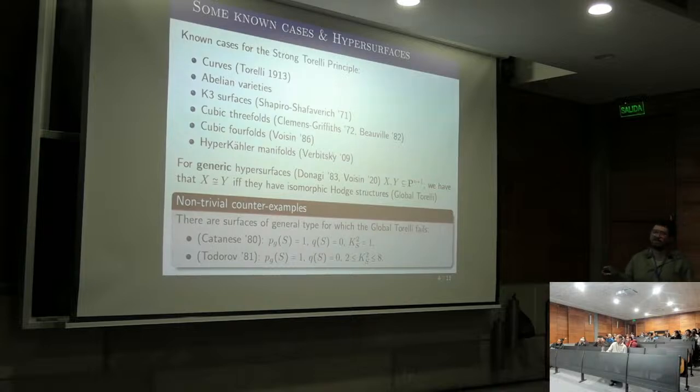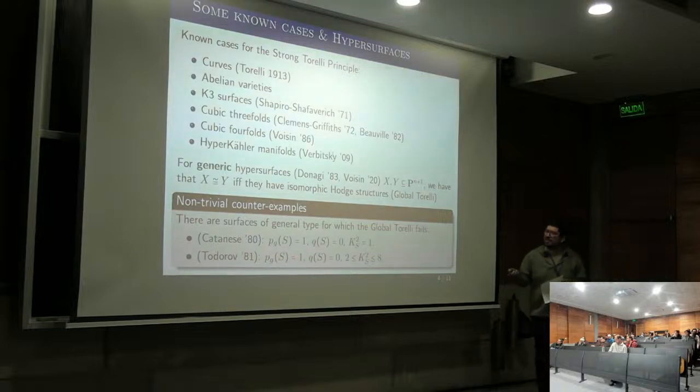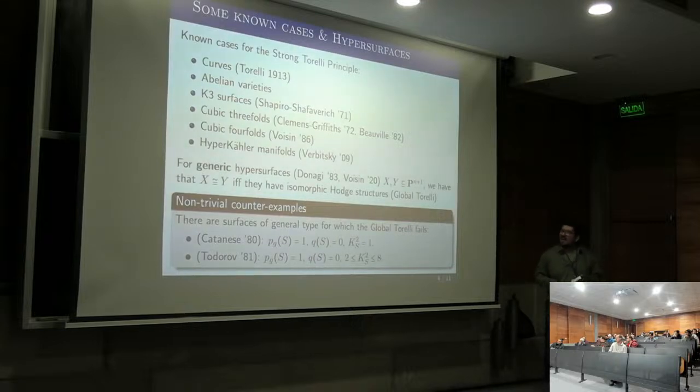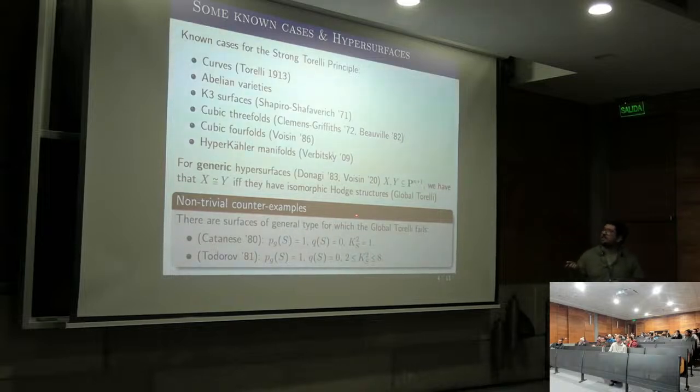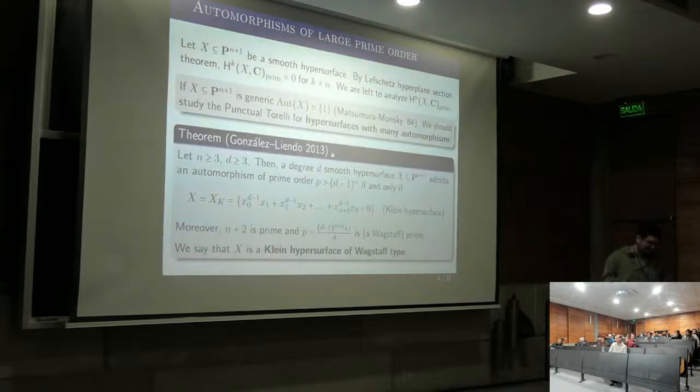Here we know that this is actually false, and the first counterexamples were constructed by Catanese and Todorov, the Todorov surfaces. I don't know if these surfaces have a name, but anyway, this is not always true, so you can also hope to have counterexamples in the case of hypersurfaces. We thought that we were looking at a counterexample, to be honest.